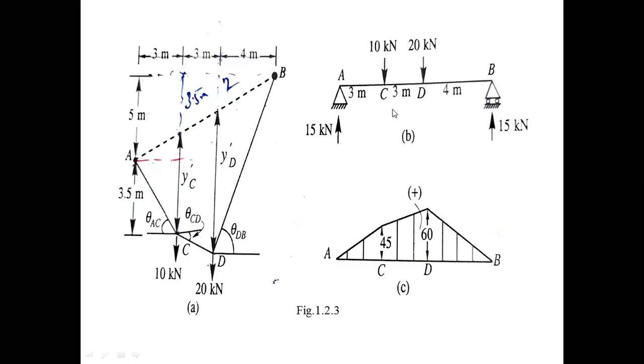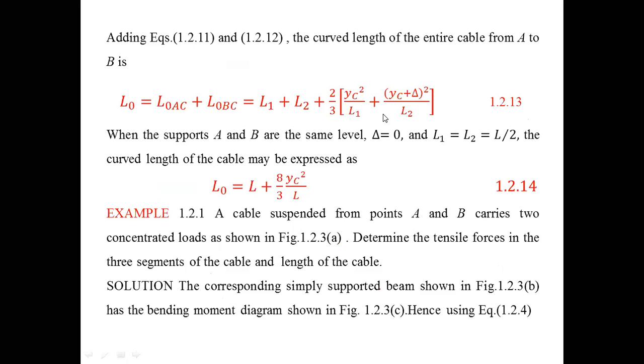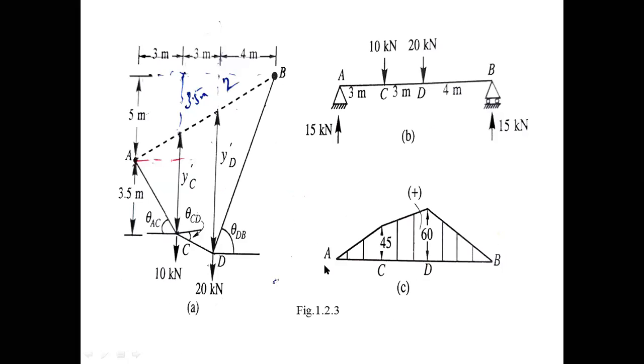Already you know all these things, which you learned in previous classes. Then you draw the bending moment diagram for these two concentrated loads. First you find the reactions, and then the bending moment at C is 45, so H is 45 by YC dash.